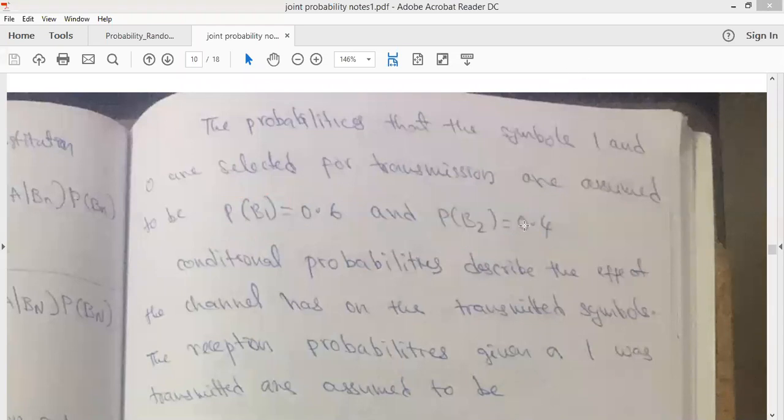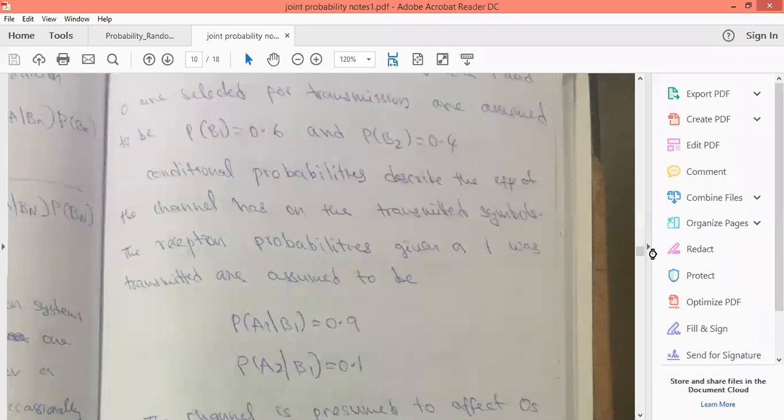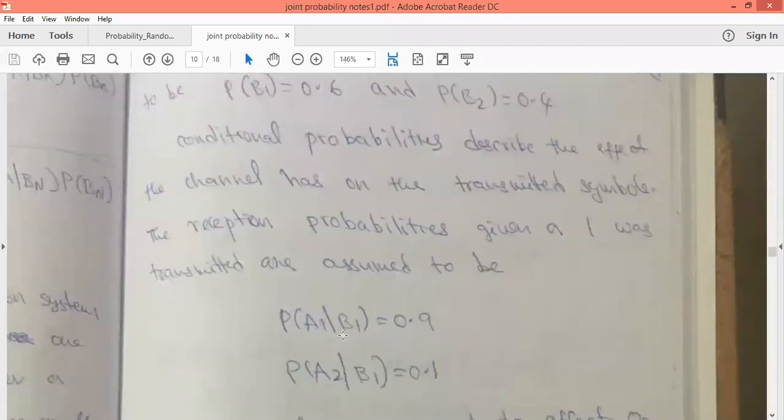When we transmit value 1, what is the probability of receiving 1? A1 is receiving 1, B1 is transmitting 1. So when you transmit 1, the probability that we receive 1 is 0.9.